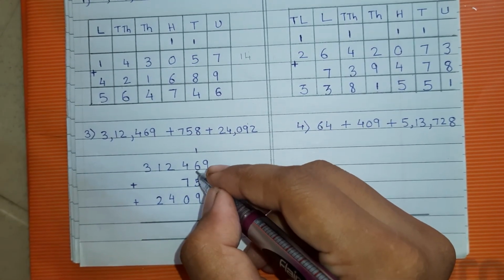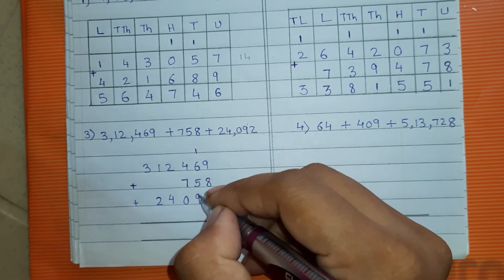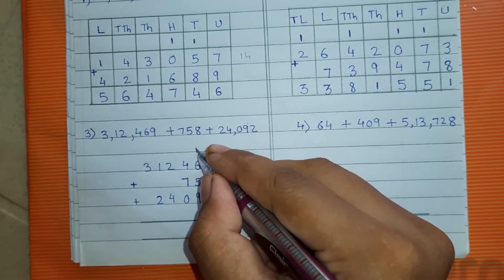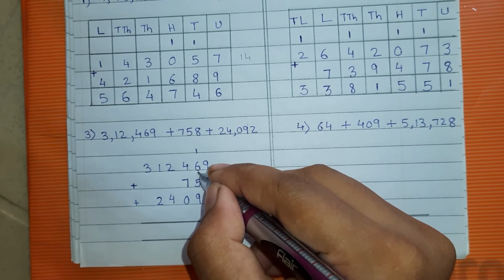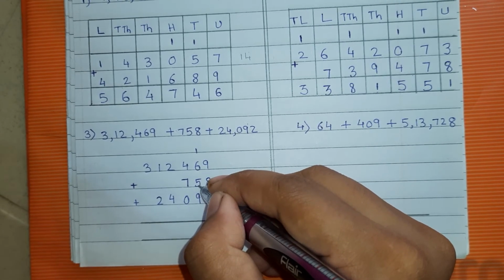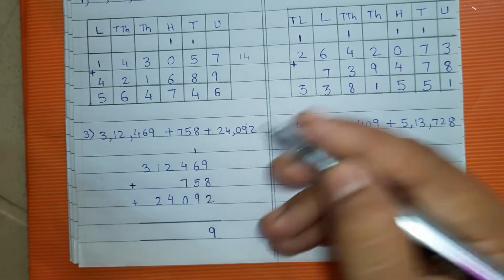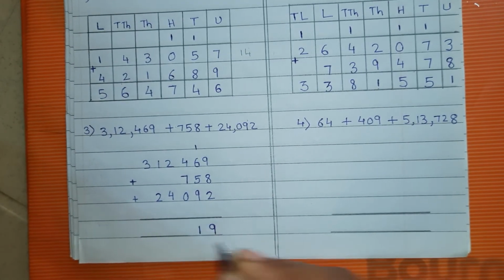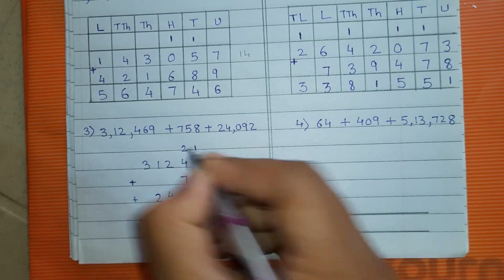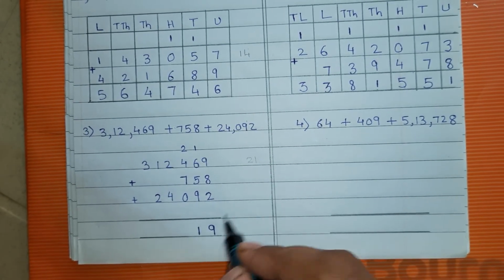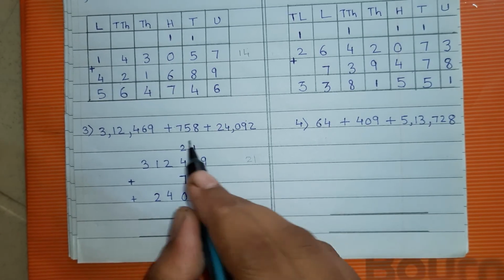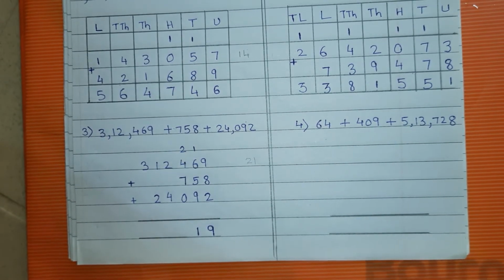Now 6 plus 1 is, first we will do the easy one. 9 plus 1, 10. 10 plus 6, 16. 16 plus 5 is 21. So 1 here and 2 carry. What answer did we get? 21. So 1 we will write here and 2 we will carry to the next place.